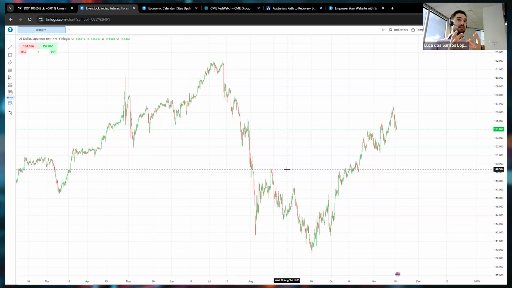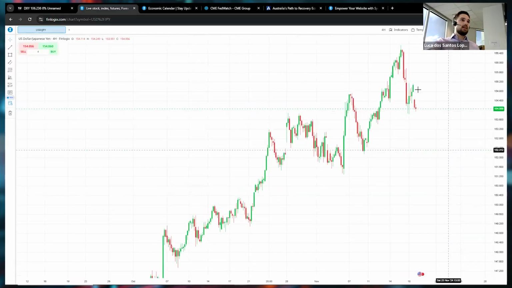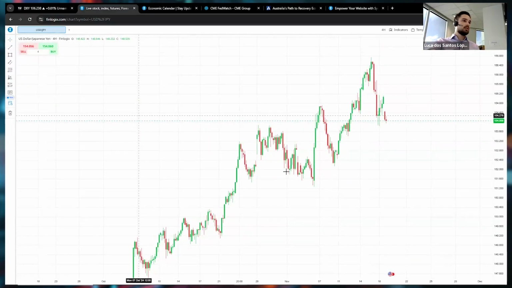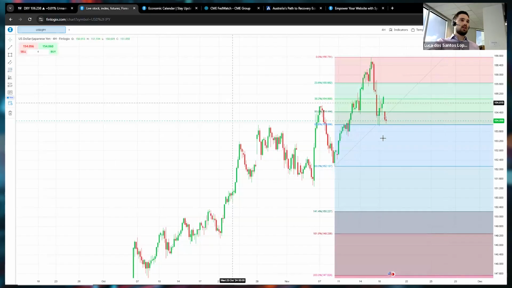So with that, there is opportunity, and the opportunity is to short the Japanese yen and long the US dollar. Basically, what I'm looking at here on USD JPY are the pullbacks right here. It's good for us to maybe long the market. Where is my Fibonacci? There we go. If we look here, we're trading right now at the 61% Fibonacci level.